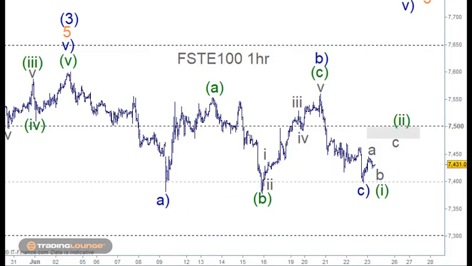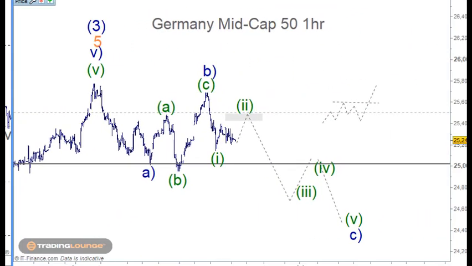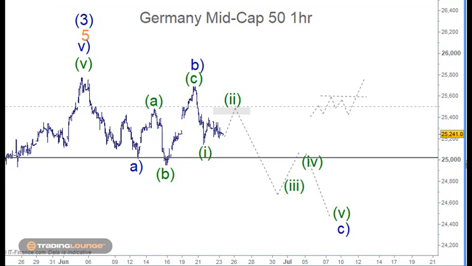The other point here before I go into the other markets is the German mid-cap, because the German mid-cap here has been a strong trender as well, and it's pretty much correcting along with the Googles here as well, but it's doing its own thing here as well. Now this is a little bit of a tricky count here, but we've had the first move down here, which we can count as an A wave, and then an A and a B and a C here for the B wave here, and then looking down for 1 here.